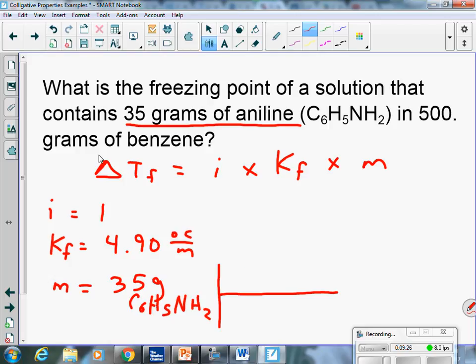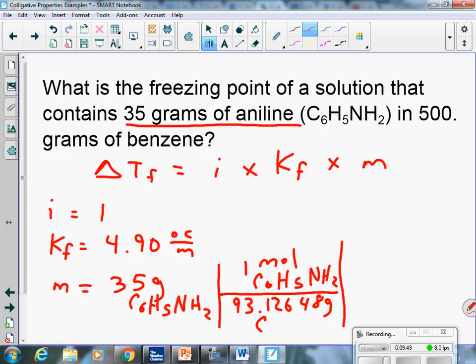I know that 1 mole of C6H5NH2 has 93.12648 grams of C6H5NH2.